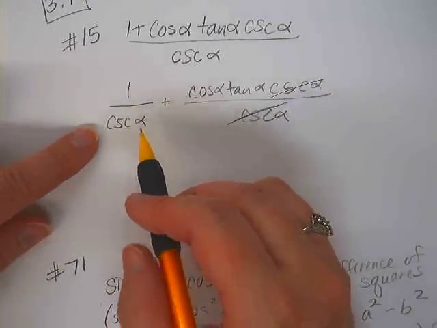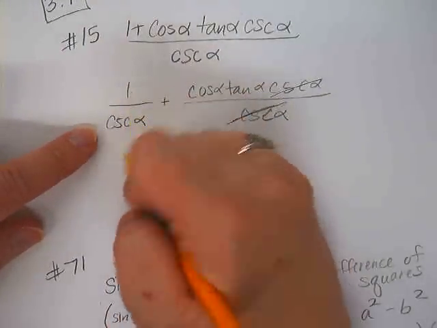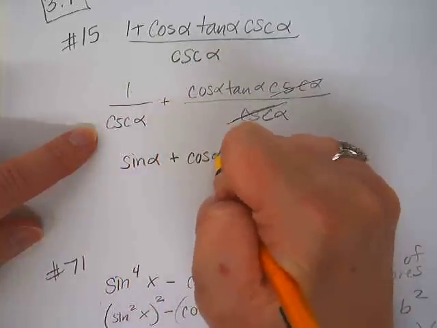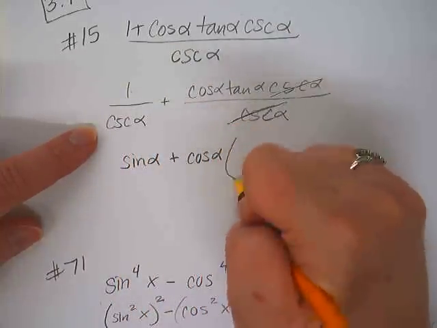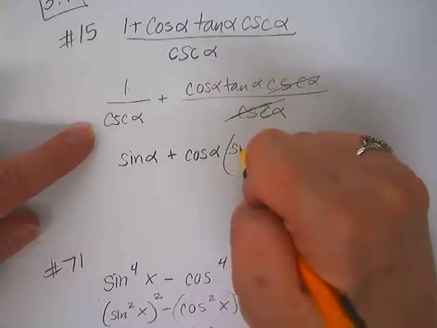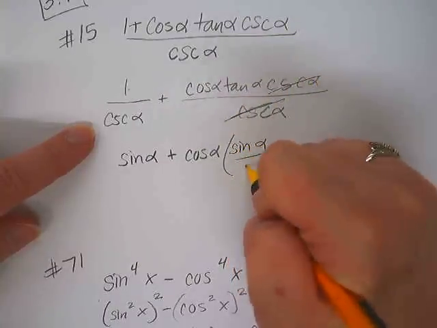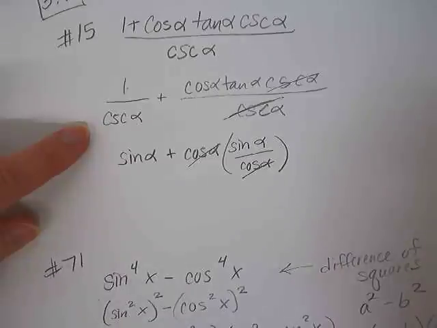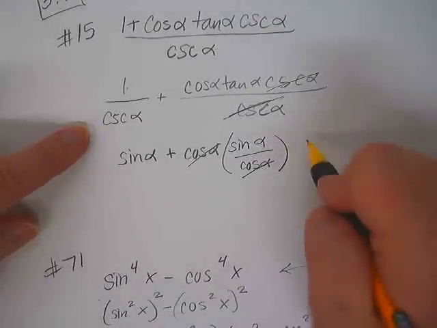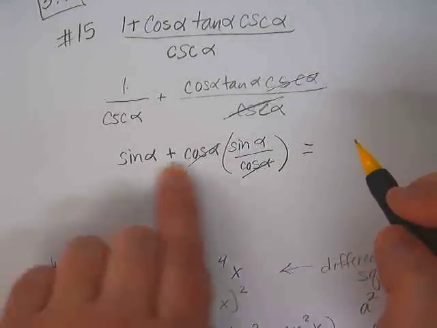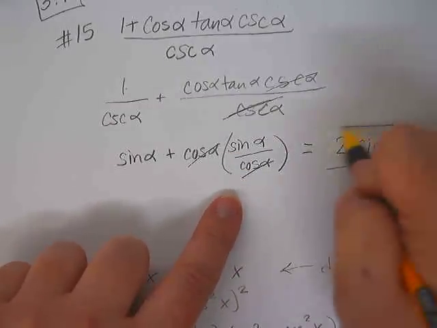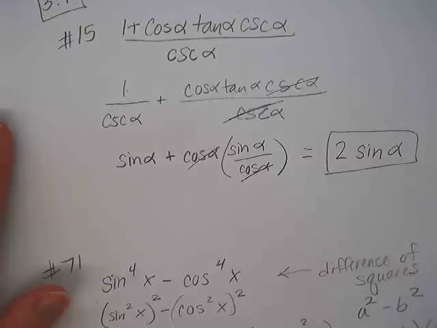And what is 1 over cosecant theta? 1 over cosecant is sine, correct? So I have sine plus cosine times tangent, but let's go ahead and change tangent. What's tangent? Sine over cosine. So then that cancels. So then we have sine alpha plus sine alpha is 2 sine alpha.